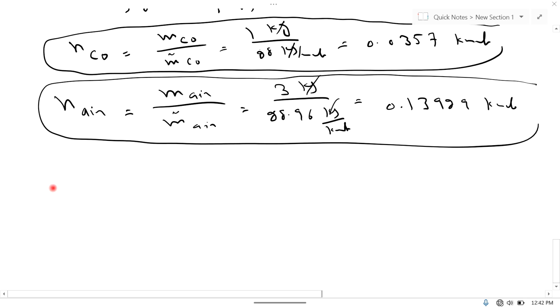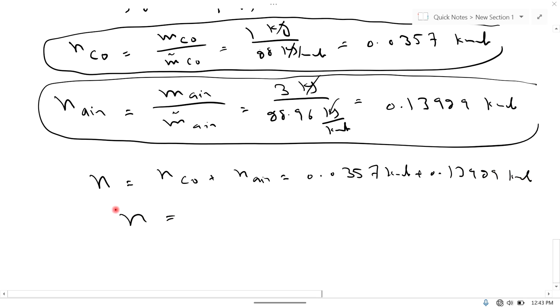Now we can easily find number of mole of carbon monoxide, because we know that carbon monoxide is part of our total number. No need to find the number of mole of carbon dioxide, oxygen and nitrogen. Now total number of mole is equal to number of mole of carbon monoxide plus number of mole of air, which is equal to 0.0357 kilomole plus 0.13929 kilomole.